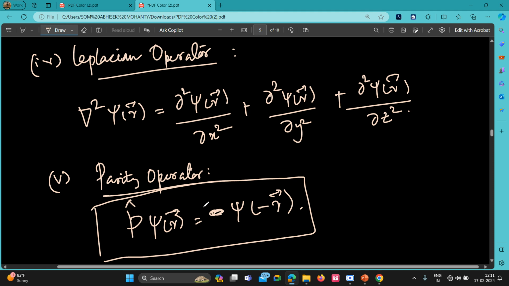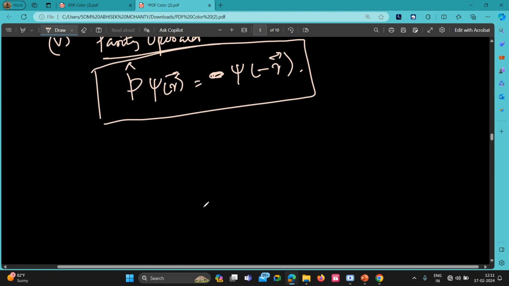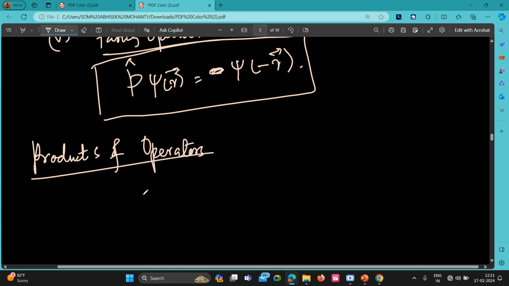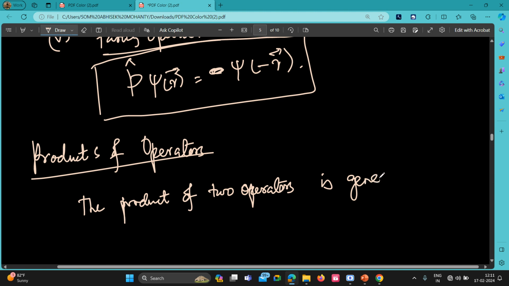Now let's see products of operators. The product of two operators is generally not commutative.